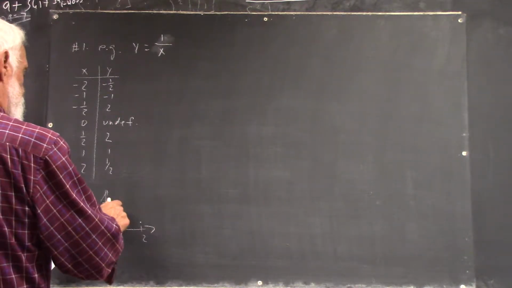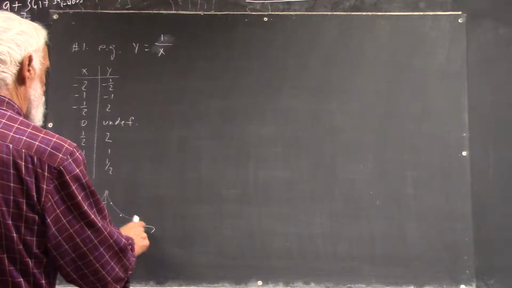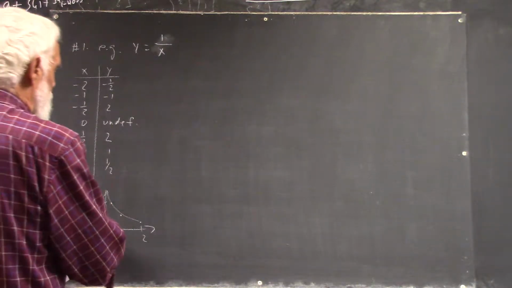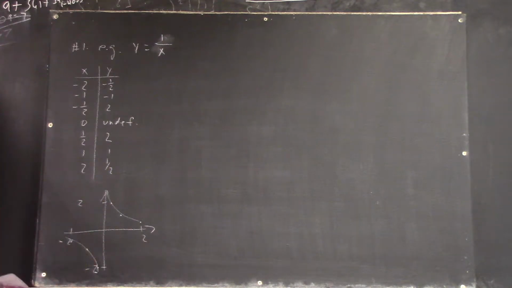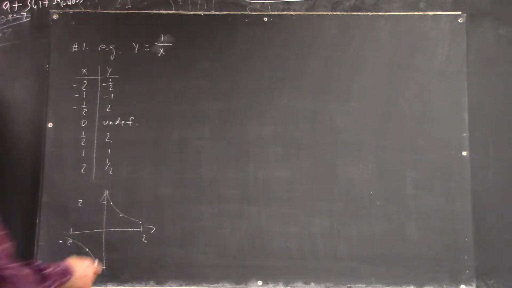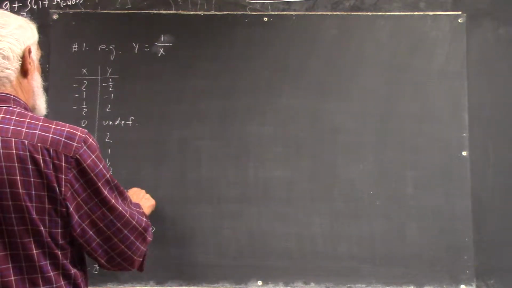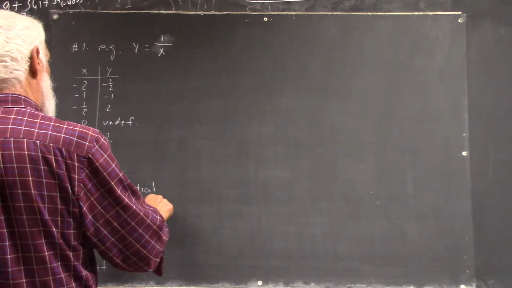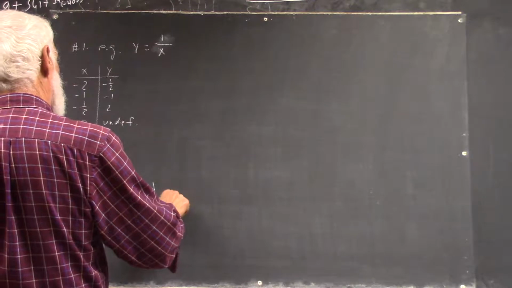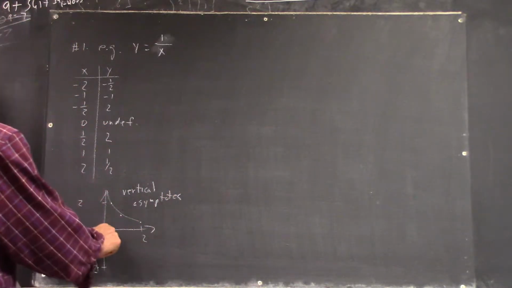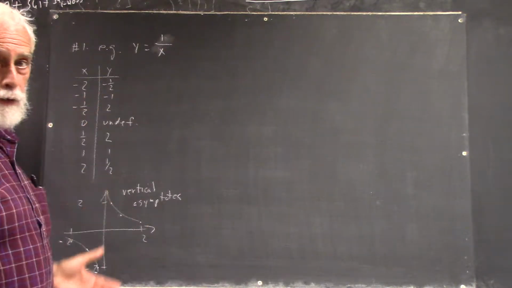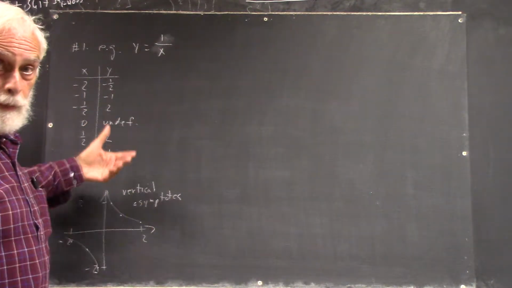Okay, then you sketch your curve, but you don't try to make this curve cross x equals 0. You get vertical asymptotes. Because the closer x gets to 0, the bigger y gets, and there's no limit to how big it can be.